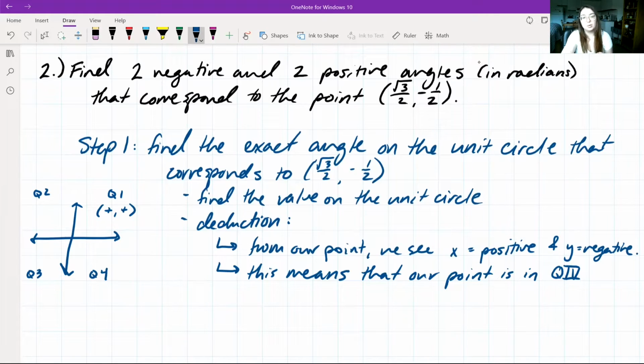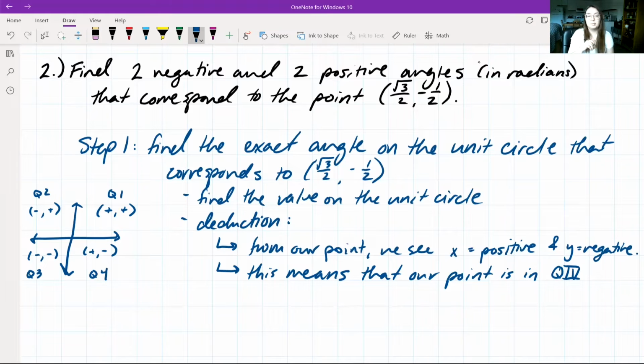In quadrant 1, both values will be positive. In quadrant 2, we'll have negative x values, positive y values. Quadrant 3 will have negative x values, negative y values. And quadrant 4 will have positive x values and negative y values.